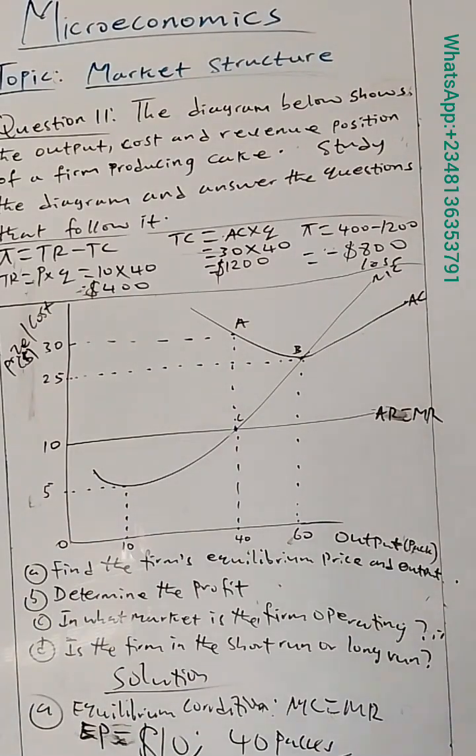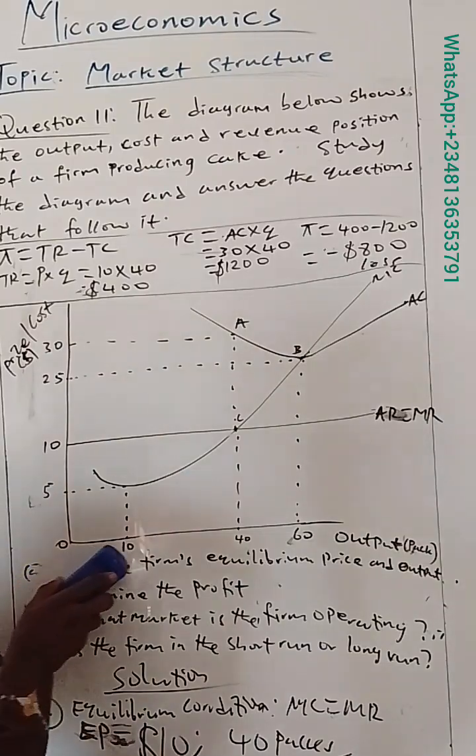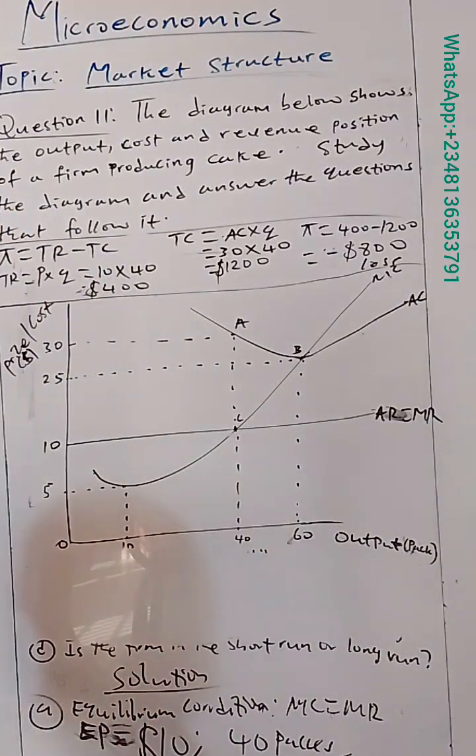So the next question, which is question C, says, in what market is the firm operating? How do I know the market the firm is operating in? I only look at the price. If the price is fixed, that means the firm is operating in a perfect market.